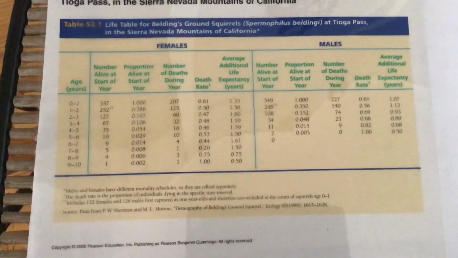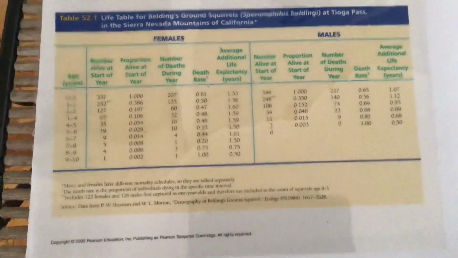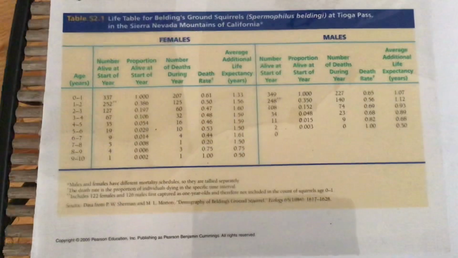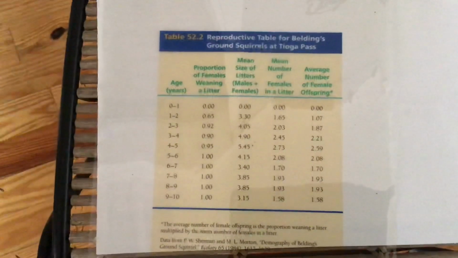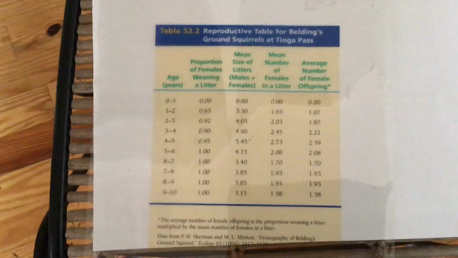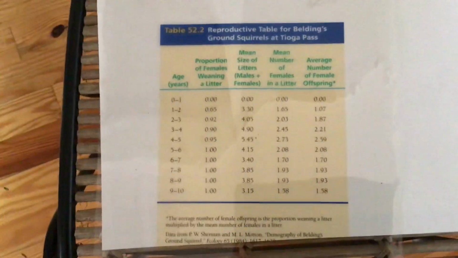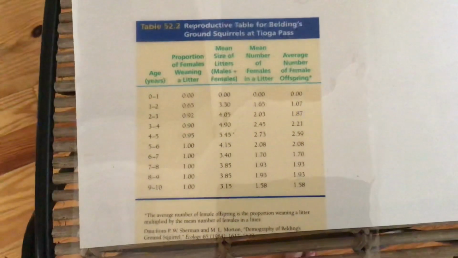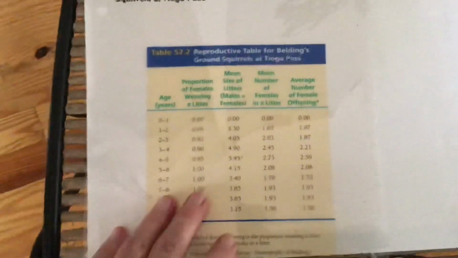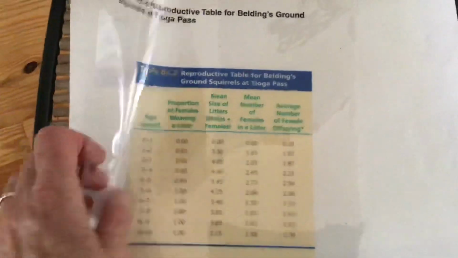You'd have the proportion alive at the start of the year, number of deaths during the year, death rate, and average additional life expectancy. Other things you could look at include reproduction. This table shows a reproductive table for, in this case, the ground squirrel in Tioga Park. These are the kinds of things you could put in a table, and that would give you some ideas about the organism.